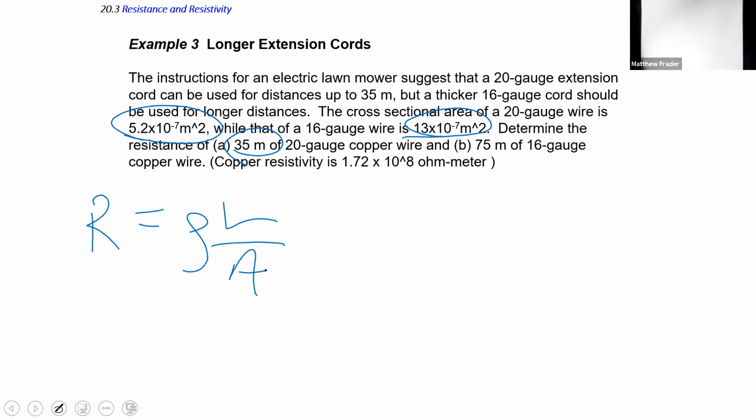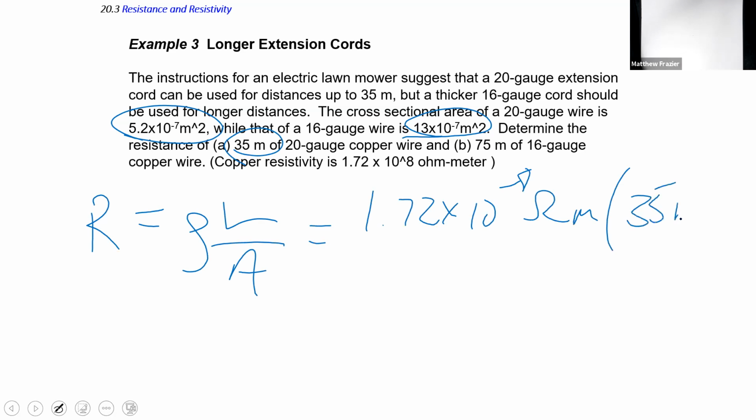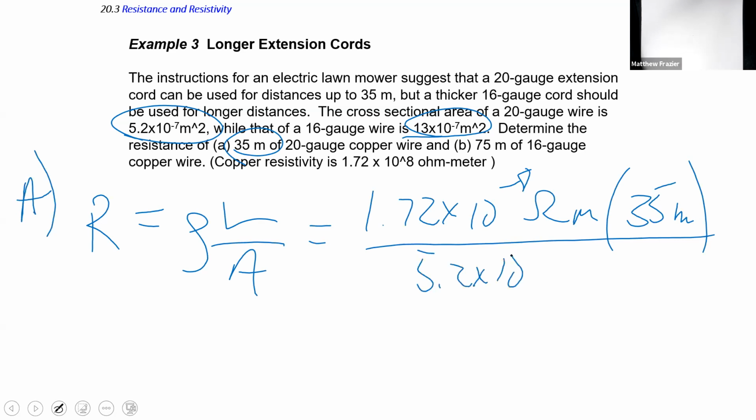All right, so this is going to look like, and then we write out terms, 1.72 times 10 to the minus 8 ohm meters times 35 meters over 5.2 times 10 to the minus 7 meters squared.